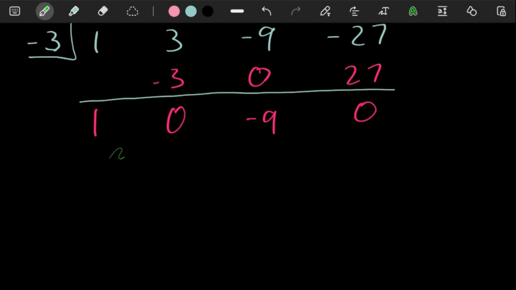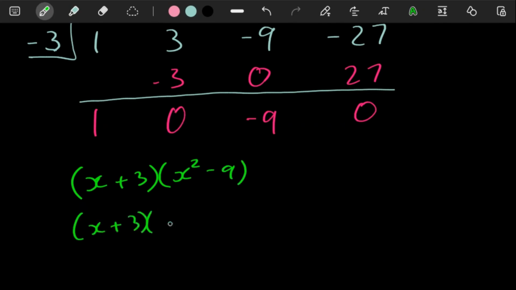Since this is a negative 3, you're going to have x plus 3 here as one of the factors, and then here you're going to have x squared, then there's a 0 in the middle, then there's a -9. This is just a difference of two squares. So it's going to be x plus 3, x minus 3, and then x plus 3, like that.